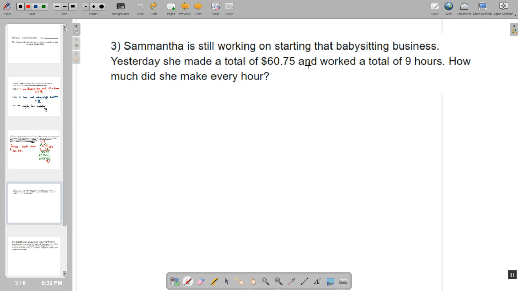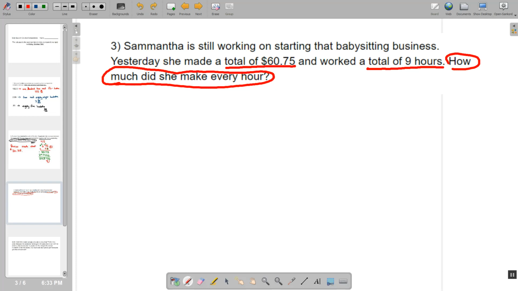Samantha is still working on starting that babysitting business. Yesterday, she made a total of $60.75 and worked for a total of 9 hours. How much did she make every hour? This time, we are starting with the total and we're getting smaller, or 9 times smaller, which means we are doing division.